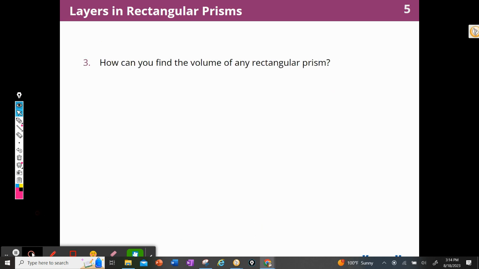Let's see what's next. How can we find the volume of any rectangular prism? Well, I can multiply one layer by the number of layers.